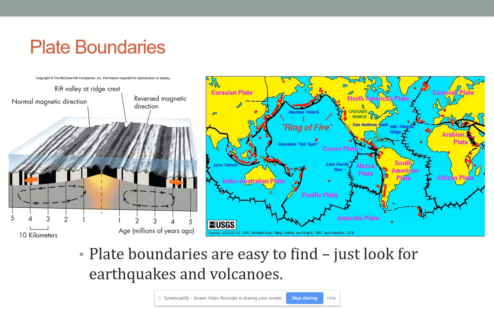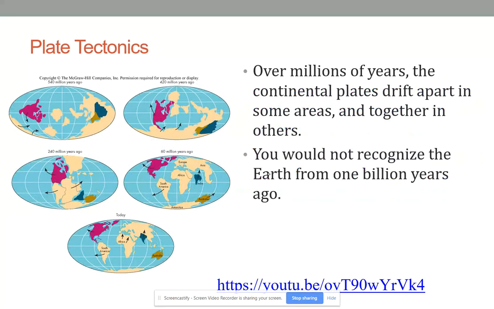Nazca plate, I think, is the most active plate, which makes living in Chile your most exciting spot on Earth for earthquakes. And you can see earthquakes, I think these are earthquakes that are marked in red, so you can see where they are.